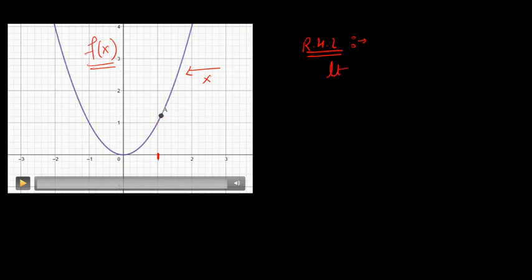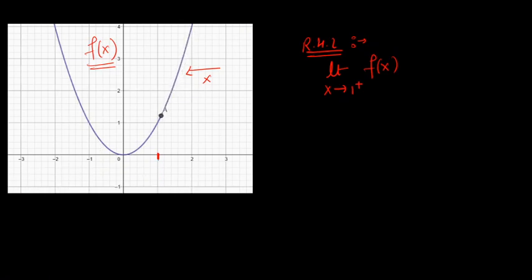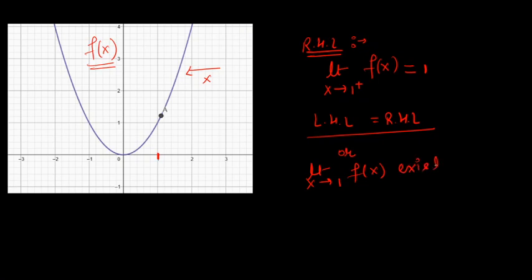So we can write the limit as x approaches 1 from the positive side. Let's see one more time: as x approaches 1, the value of the function is also approaching 1, so its value is 1. So what we get is that the left hand limit is equal to the right hand limit, or we can say that the limit as x approaches 1 of f of x exists, right? And the value of the limit is also equal to 1. So two conditions are satisfied.